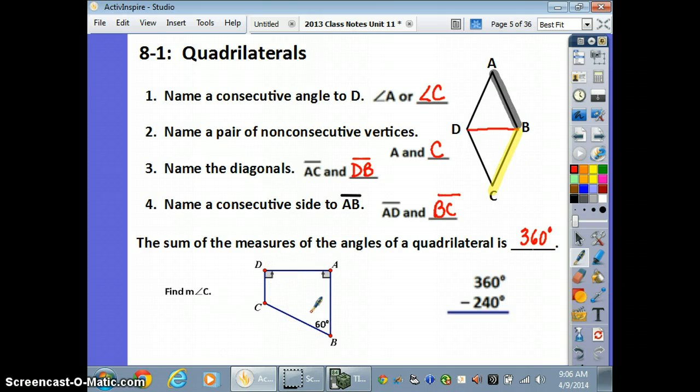All right, so it adds to 360, and if I add these up, 90 plus 90 plus 60, 18 and 6 is 24. So if I take that and subtract it from 360, I'll find my missing angle C, which happens to be 120 degrees.